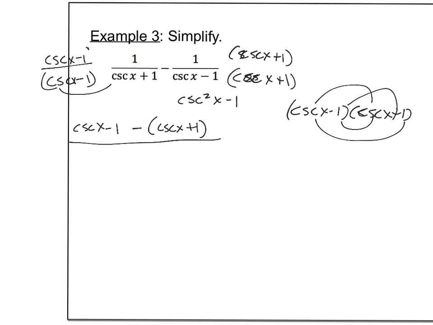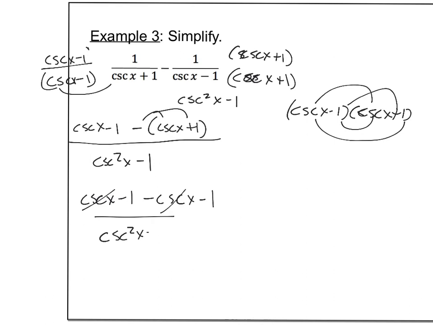Multiply those together, double distribution, you end up with cosecant squared x minus 1. So what happens, I take this negative through, minus cosecant x minus 1. That cancels out. I'm left with negative 2 over cosecant squared x minus 1.